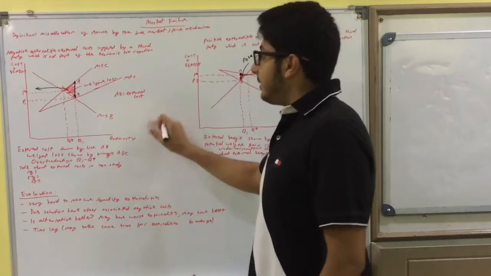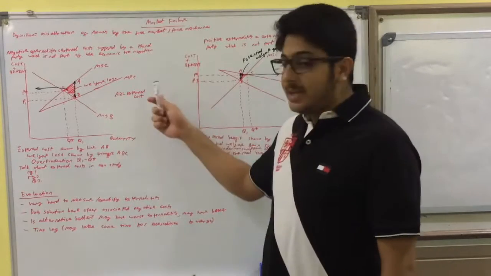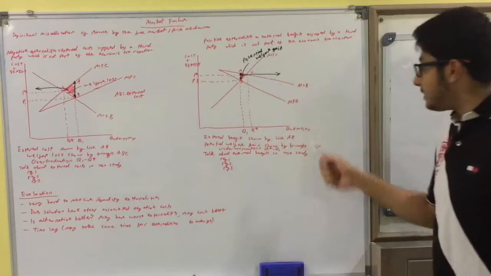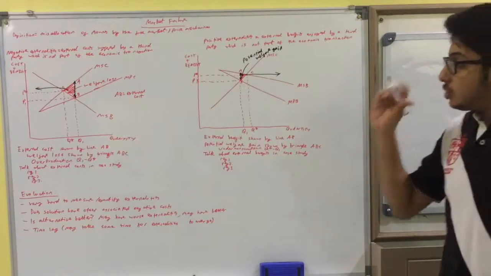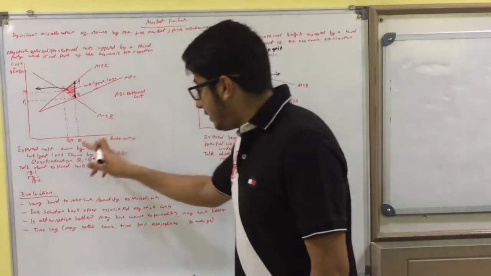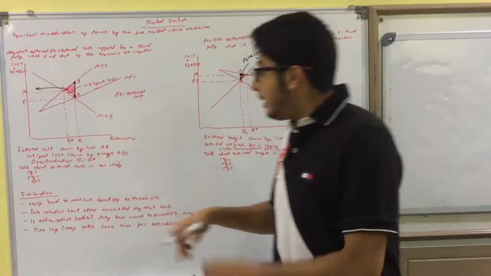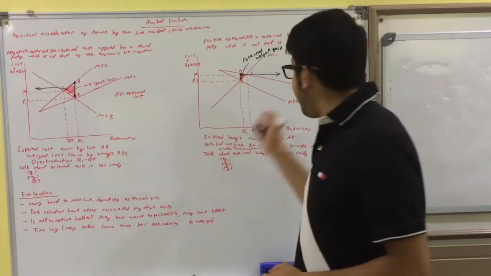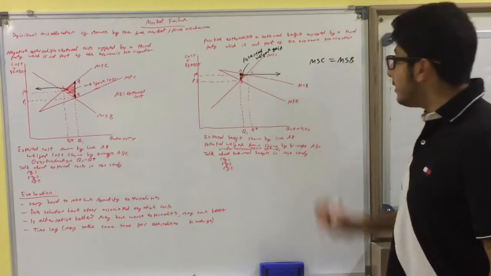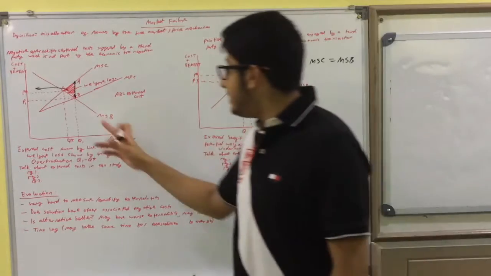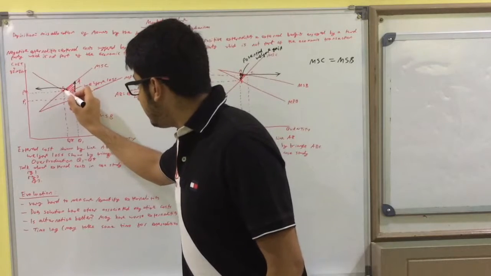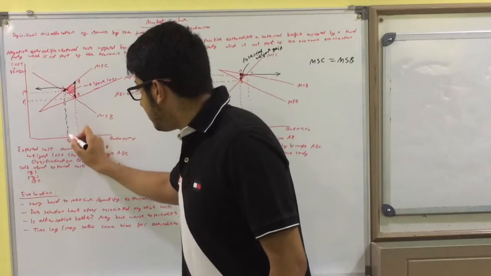Anything else? Yes. To distinguish which one is MSC, which one is MPC, or which one is MSB, which one is MPB: the socially optimal quantity, Q star, is where MSC is equal to MSB. So here, where's MSC, where's MSB? They intersect here, so Q star is over here.